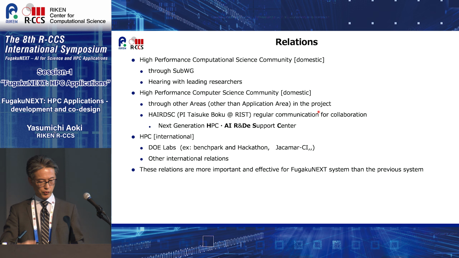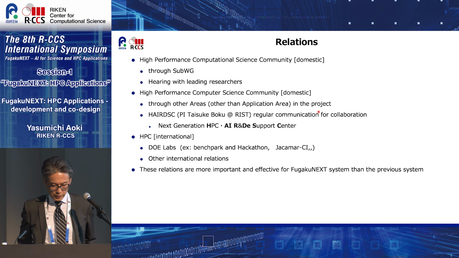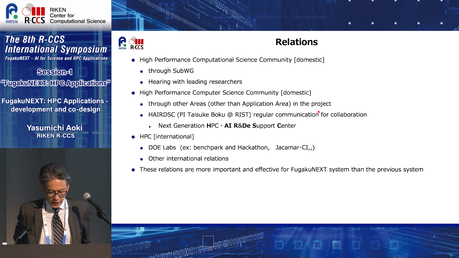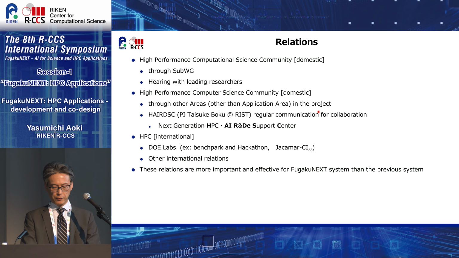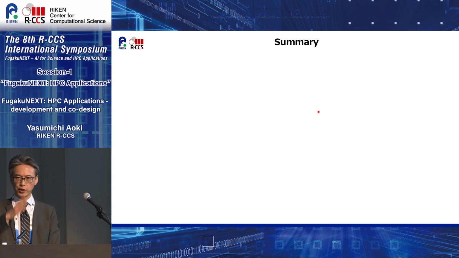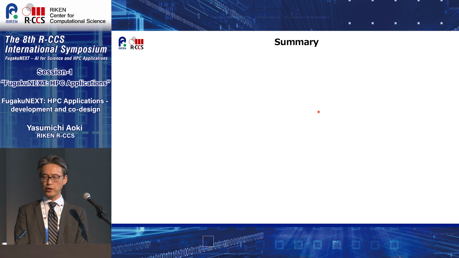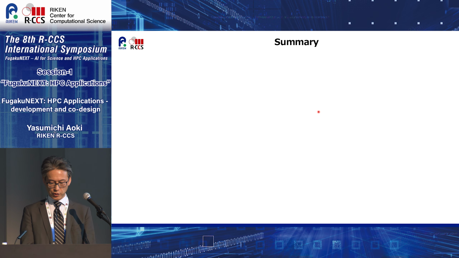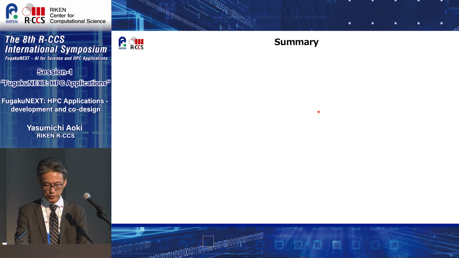Altogether, these relations feel more important and effective for the FugakuNEXT system than for the previous system, because the FugakuNEXT system in the year 2030 will be a cutting-edge, world-leading machine, not only in the Japanese domestic sense, but also worldwide.